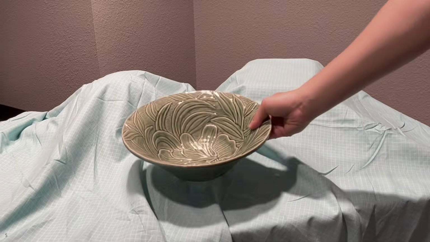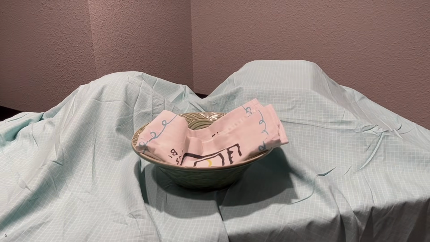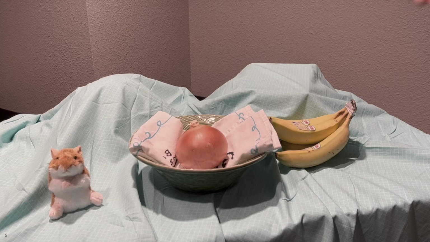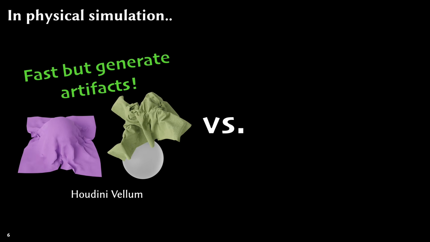Taking cloth simulation as an example, interactive design of high-quality cloth simulation in 3D modeling software should be as simple as in the real world. However, this still remains a challenge. On the one hand, fast cloth simulations now reach interactive rates on extreme meshes, but their simplifying assumptions cap expressiveness and produce artifacts.